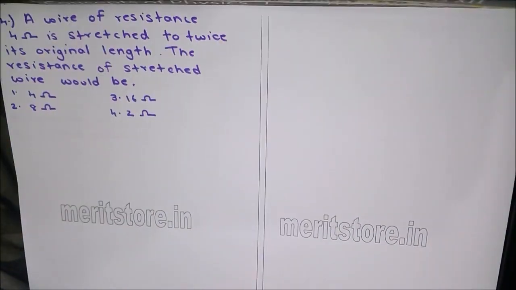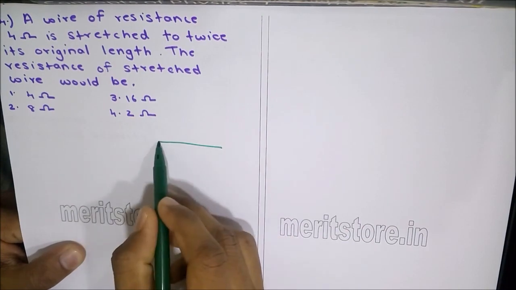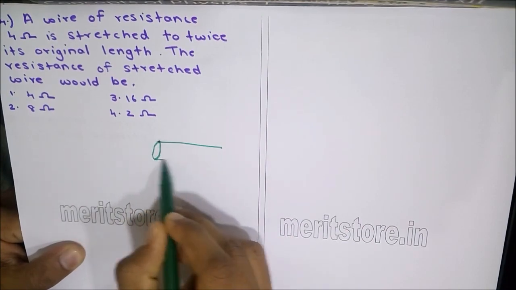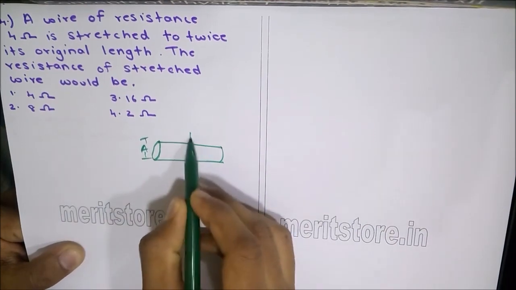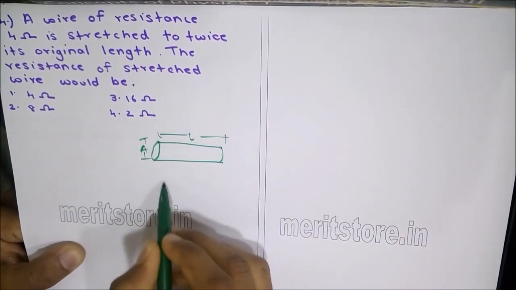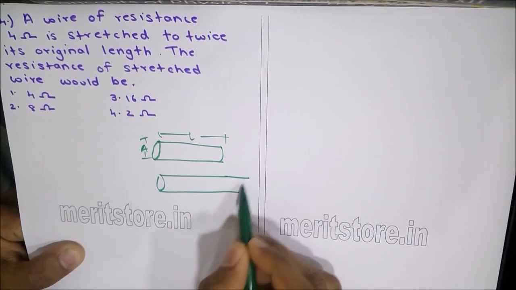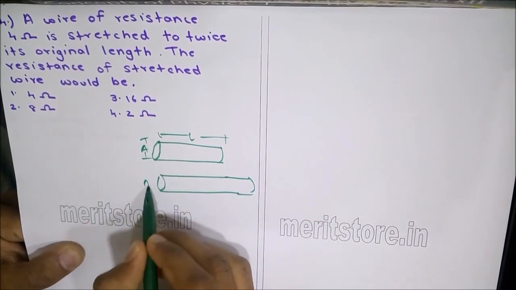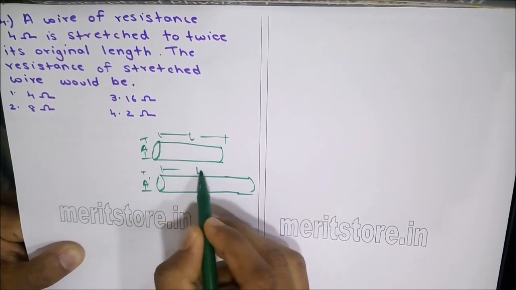A wire of resistance 4 ohms is stretched to twice its original length. The resistance of the stretched wire would be, let us look at a wire. This is the area of cross section and this is the initial length. Now since the wire is extended to twice its original length, the area of cross section would reduce when the length increases.